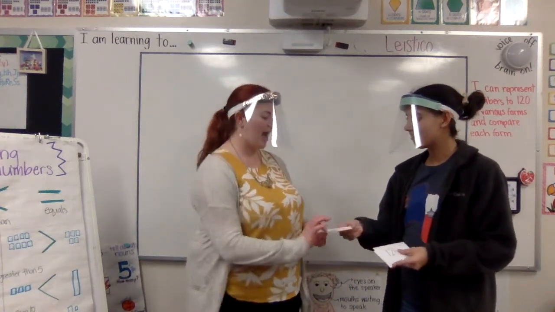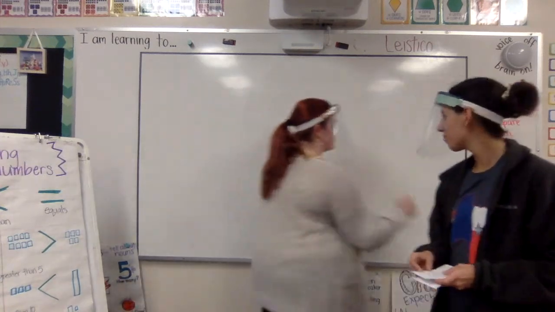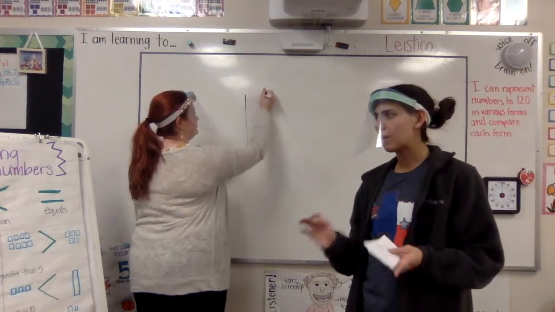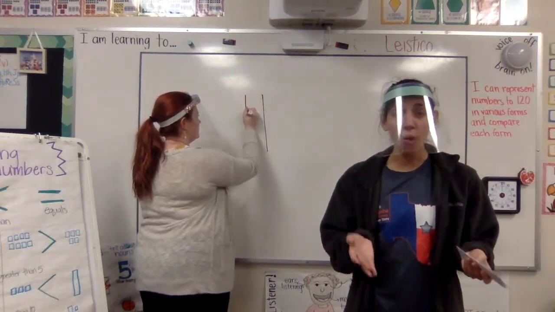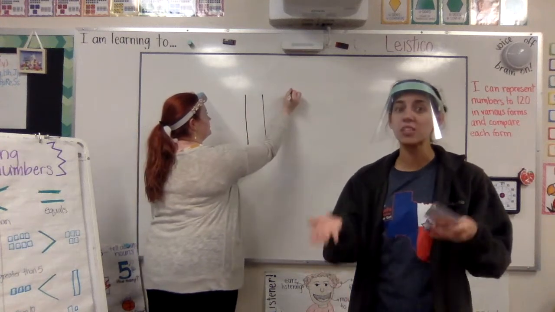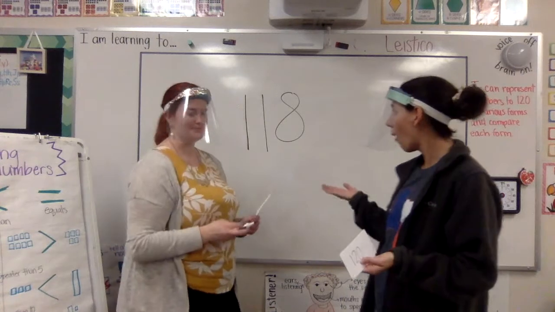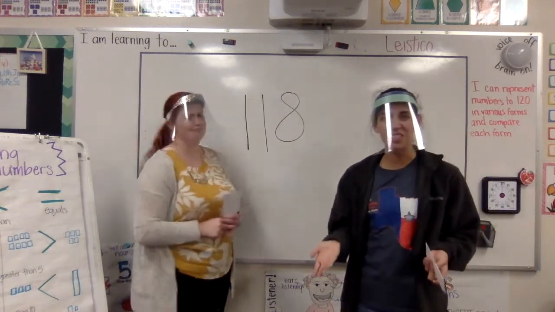Oh my goodness. Okay, I have 118. So I'm going to write that on the board really big so you can see it. 118. So I know that when we were comparing numbers last time, we said that we always had to look at the tens place first to figure out if the number was greater or less than. But now, Miss Lime, we have a hundreds place.